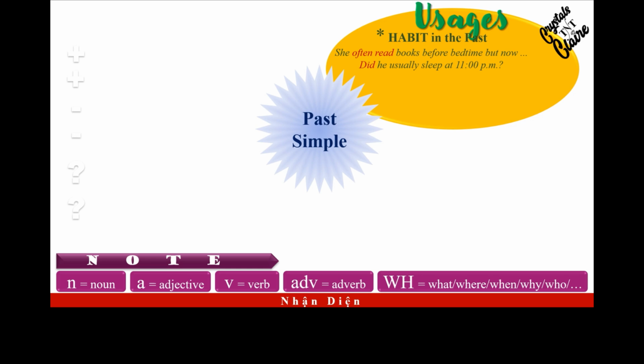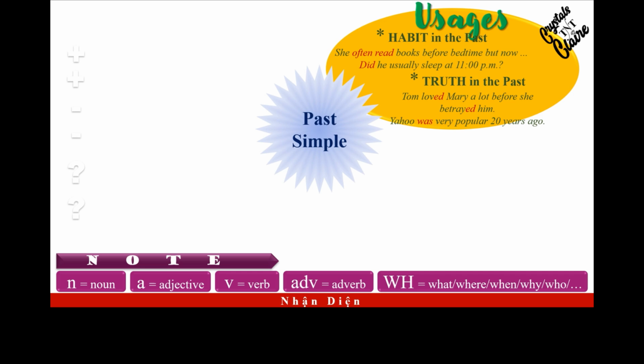She checked her locket before bedtime. Did he usually sleep at 11 p.m.? Yes or no? Yes, that's in the past already. So now he sleeps at 10 p.m. earlier. Or the truth in the past.